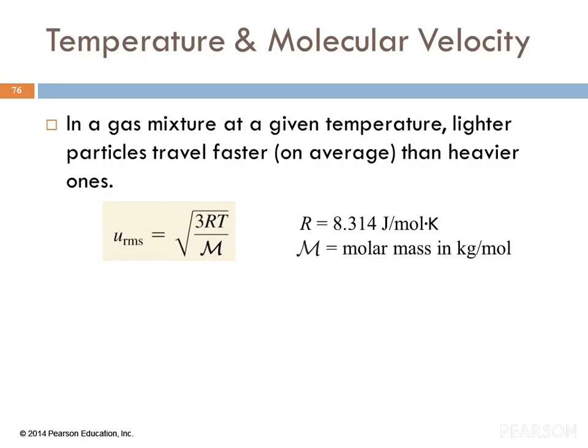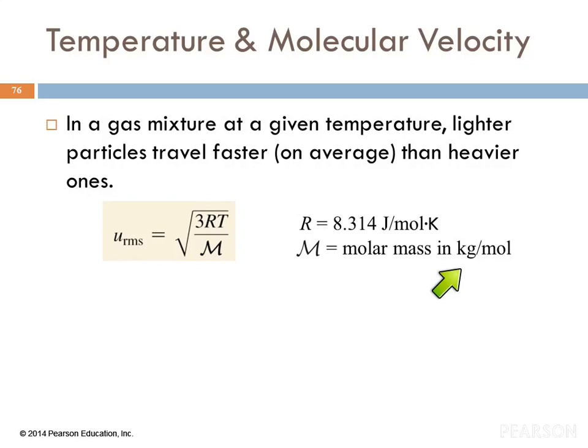In a gas mixture at a given temperature, the lighter particles travel faster than the heavier ones, and there's a mathematical relationship. The root mean square velocity of gas particles is equal to the square root of 3RT over capital M, where this capital M, notice it's kind of curvy, is the molar mass in kilograms per mole.